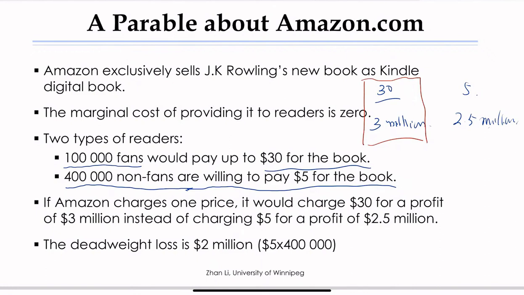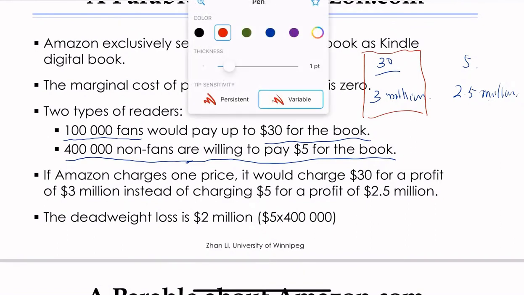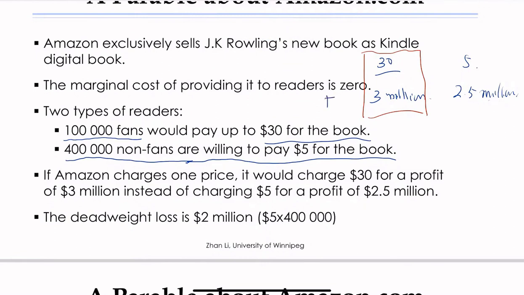Now, think about this. What is the deadweight loss if Amazon decides to set the price at $30? To think about deadweight loss, we have to think about total surplus, right? Here we're only talking about profit, and clearly, profit is not equivalent to total surplus. So let's find out total surplus.